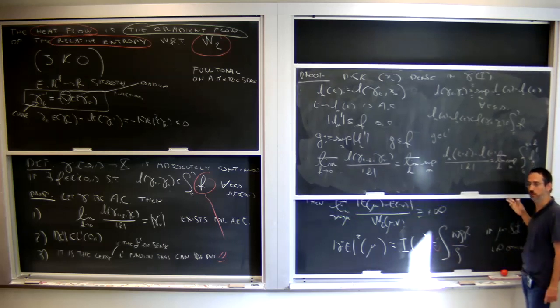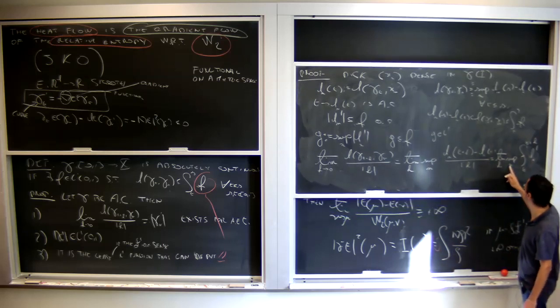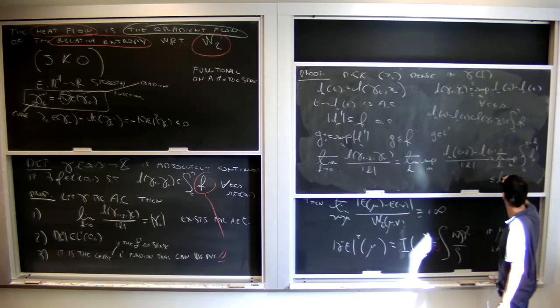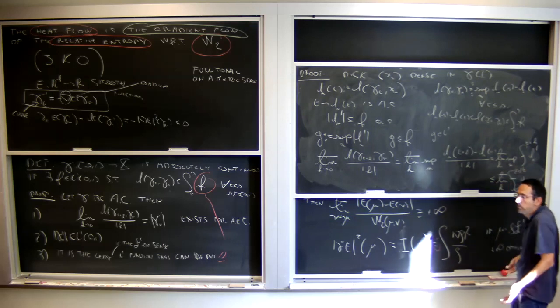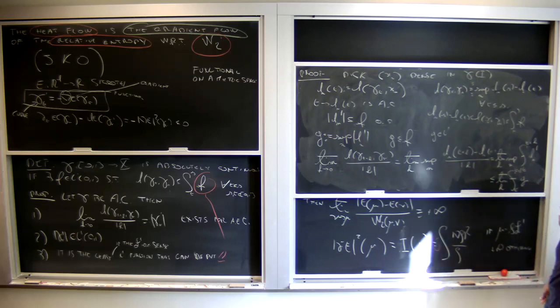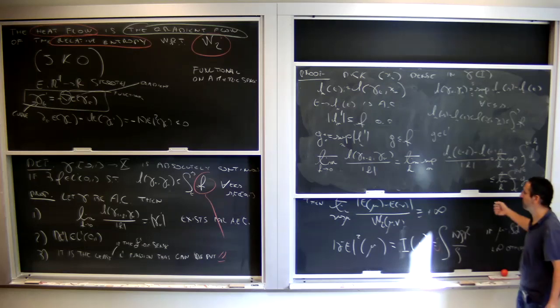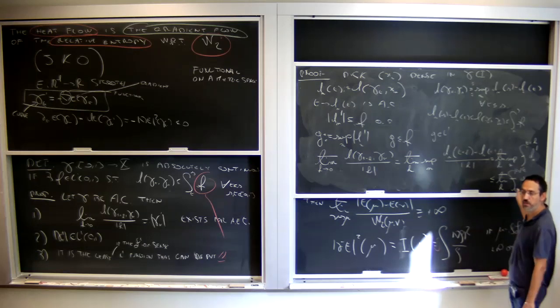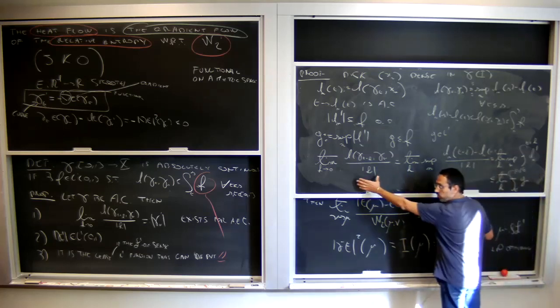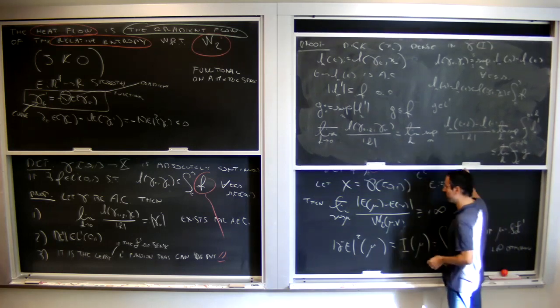And I can certainly bring the sup inside, and this is less or equal than the lim sup in h of the average integral of G. Makes sense? But G is in L1, so by the Lebesgue theorem this is equal to G almost everywhere. So the lim sup of this difference quotient is bounded from above by G almost everywhere.